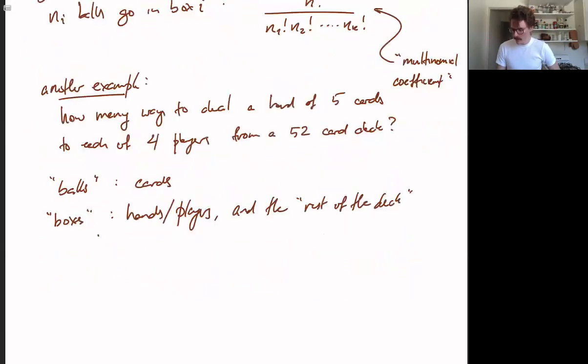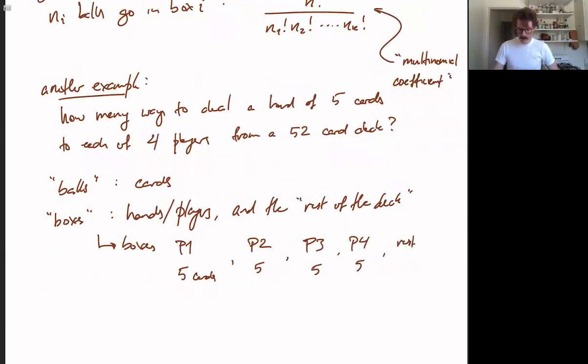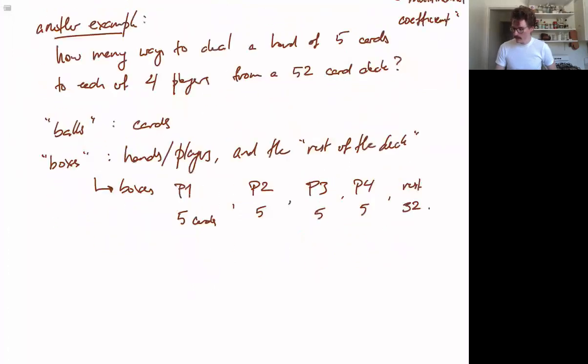So to be precise, the boxes are player 1, which has 5 cards, player 2, which has 5 cards, player 3, which has 5 cards, player 4 has 5 cards, and then the rest of the deck has 32 cards. And of course, the balls, there are 52 of them.